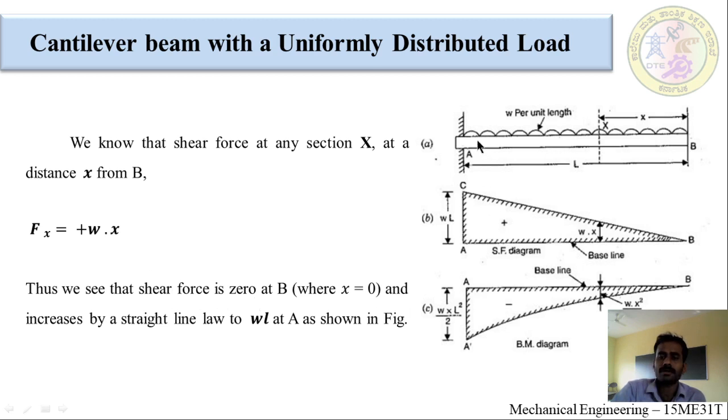And when you calculate the shear force at A, x is equal to L, so you will get W into L at A. So it increases by a straight line law, as we can see from the shear force diagram, increasing from B to C. As already discussed, when there is a UDL between the points, the shear force diagram will increase gradually, following an inclined straight line path.